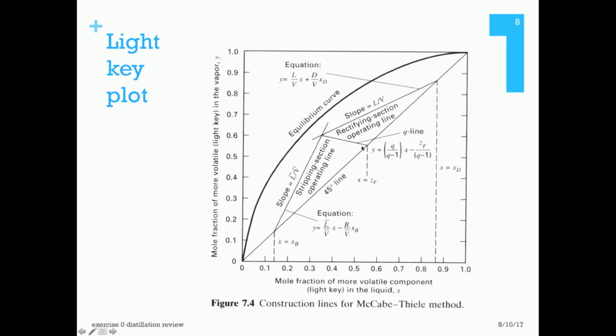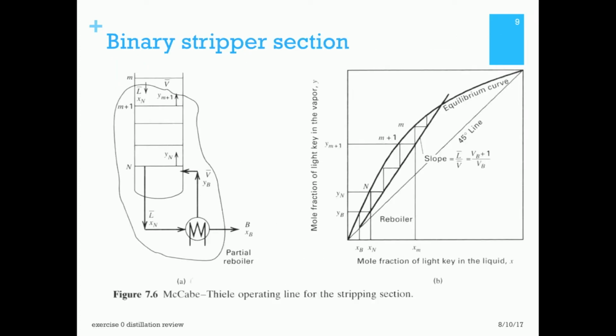Again, if it were all vapor, it would be a horizontal line, and if it were all liquid, it would be a vertical line. And then this shows you a blow up of what would happen if you just had a stripping section. And it shows the operating line down at the bottom of the column and the equilibrium curve.